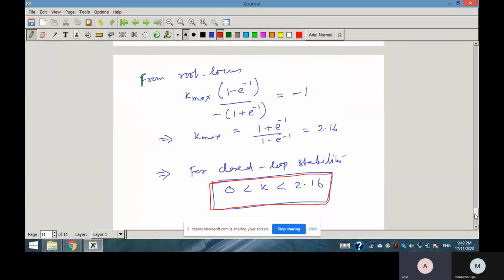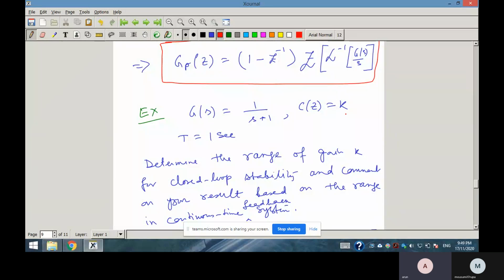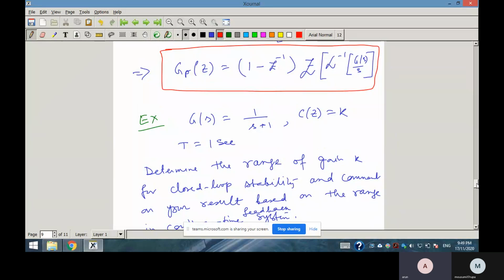Now suppose you do not use any sampling and you use a continuous time feedback system with proportional controller k. Then your loop transfer function will be k by s plus 1. In the case of the discrete time system, it is different. What will be the range of k? K is 0 to infinity.